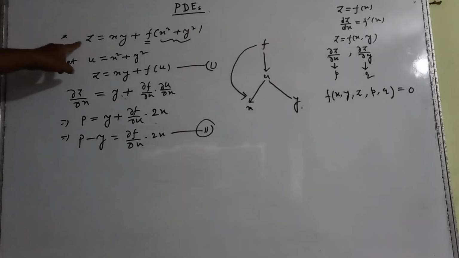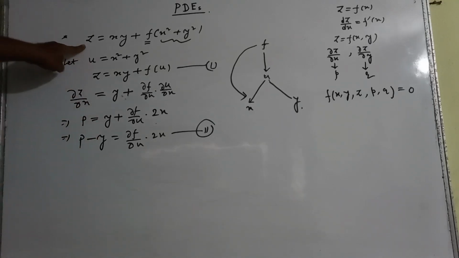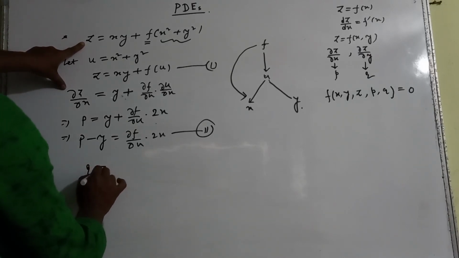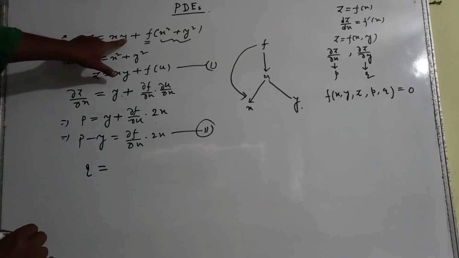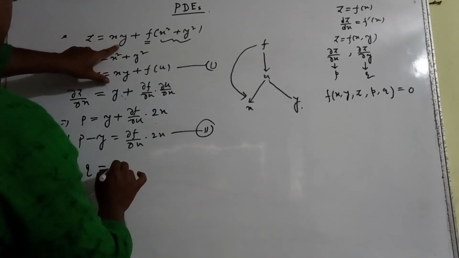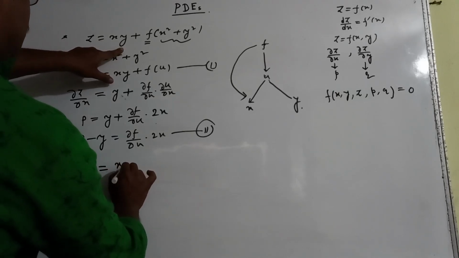Now we differentiate partially with respect to y. Del z del y we write directly as q. Partially differentiating with respect to y, x is constant, so x into the derivative of y, which is 1, gives x.